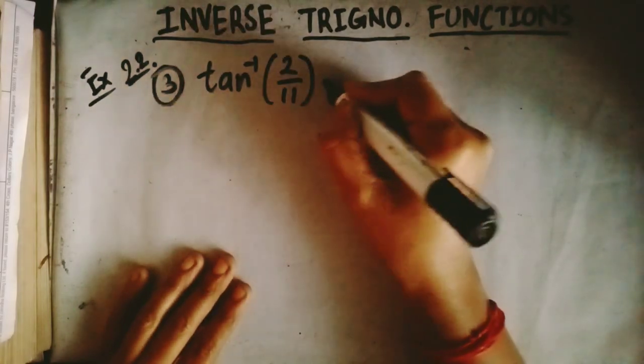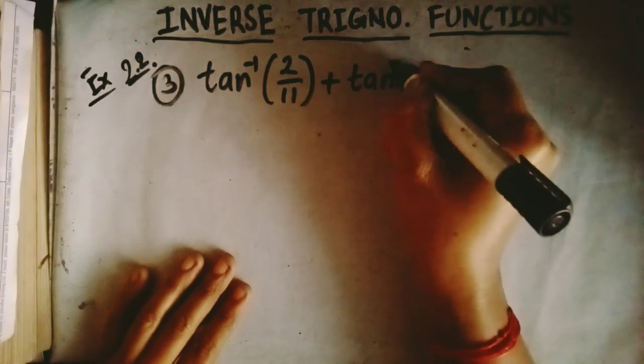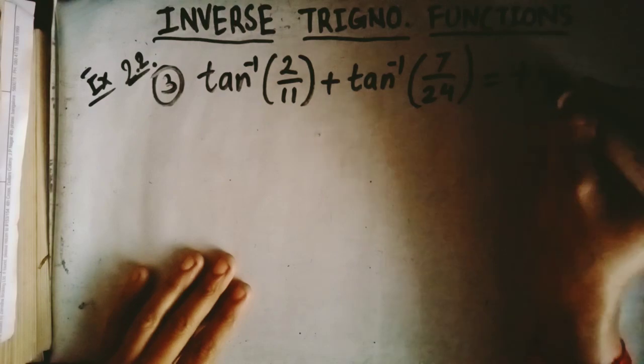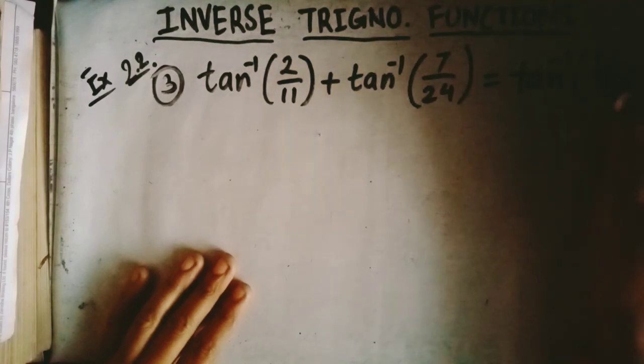Let's solve question 3. Here also you have to use the inverse trigonometric property. 2 by 11 plus tan inverse 7 upon 24 equal to tan inverse half. This you have to prove.